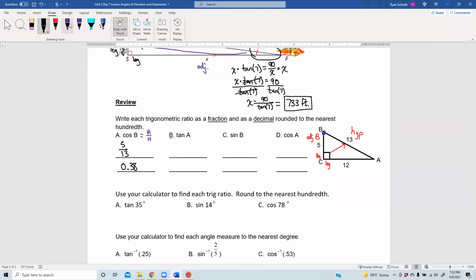Okay, B, ask us about the tangent of A. So for tangent, what do we need? We need opposite over adjacent. So now I'm not at B anymore.